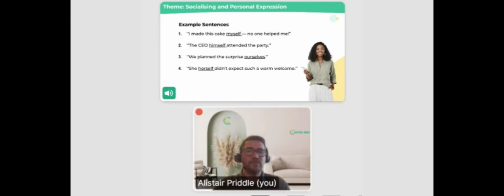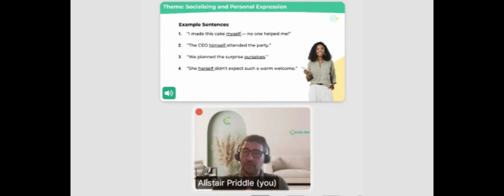Number two, the CEO attended the party. Okay, this is good. The CEO himself attended the party. This gives emphasis. Number three, the same. We planned the surprise. This is a good sentence. We planned the surprise ourselves. This adds emphasis to our statement.